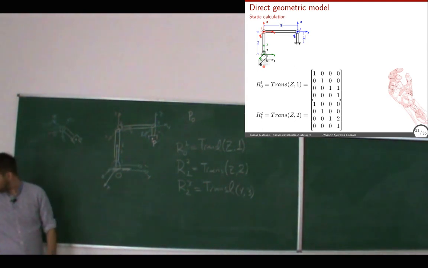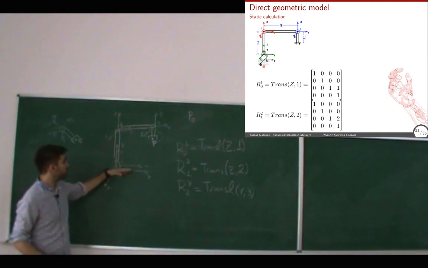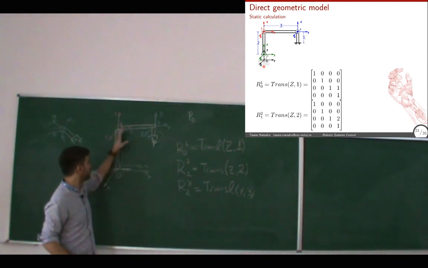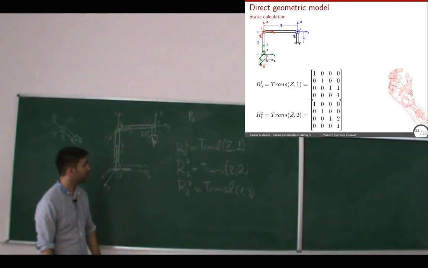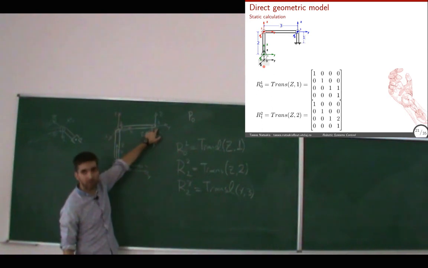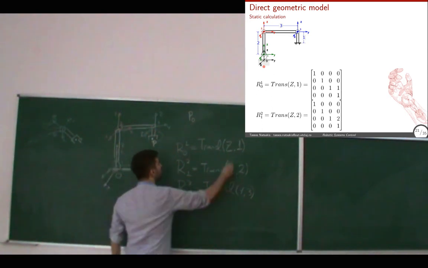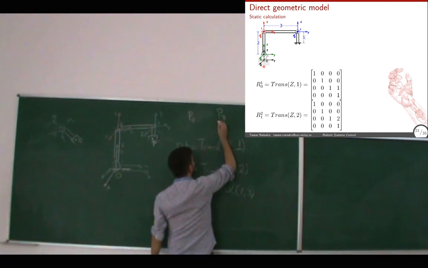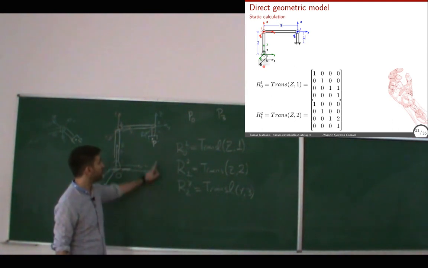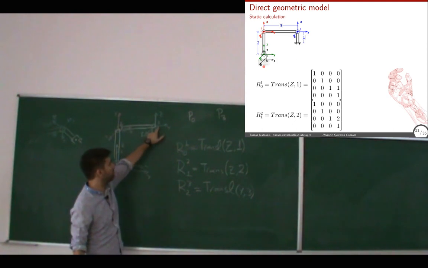Okay? Also, of course, it doesn't matter what happens to these joints, because this thing will rotate accordingly. So I know P in coordinate frame 3. So I know P3. What are the coordinates of point P in coordinate frame 3?